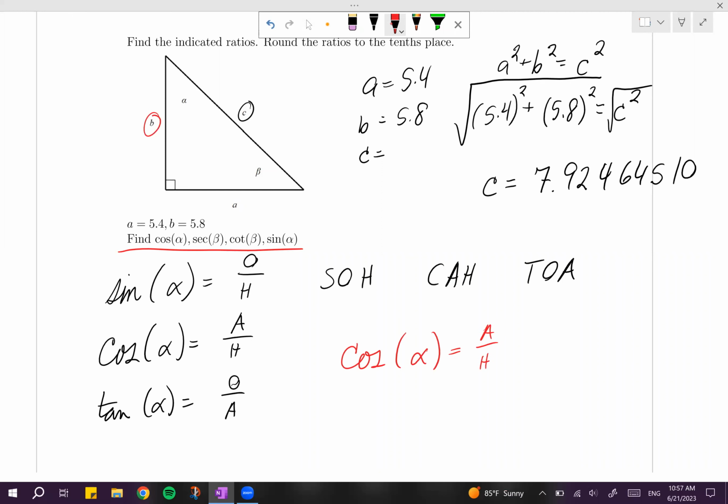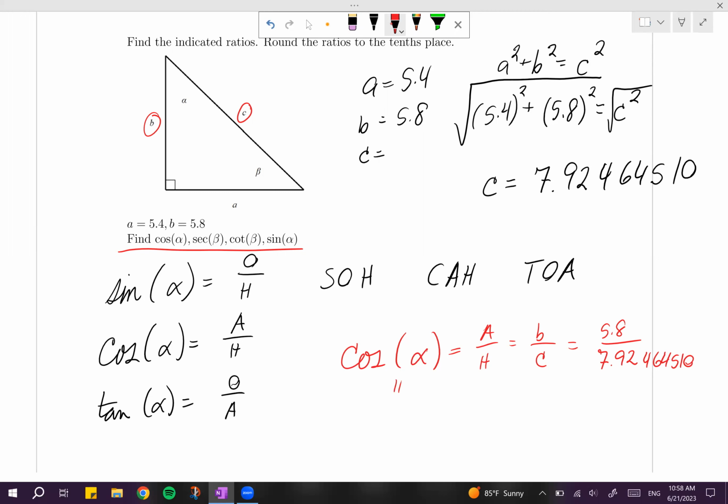My adjacent side is B over my hypotenuse, which is C. Side B over side C. And they told us B is 5.8, and we found C is 7.924645510. So when I plug that in the calculator, I get 5.8 divided by 7.924645510.